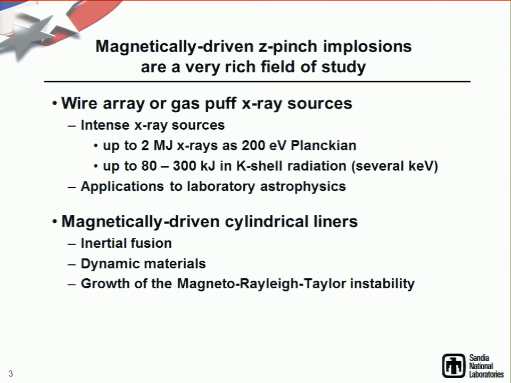So that's potentially one mechanism for the IFE programs that people have been pushing. You can also use this to achieve dynamic material pressures that are much higher than you could with a radial flyer plate, basically because you're compressing in 2D instead of 1D. And they've also used this to look at the growth rate of the magneto-Rayleigh-Taylor instability on Z.